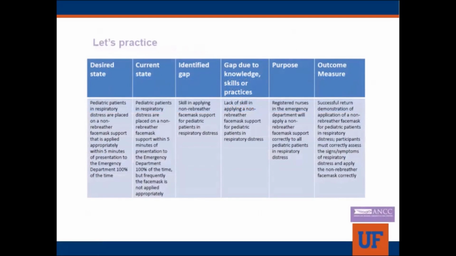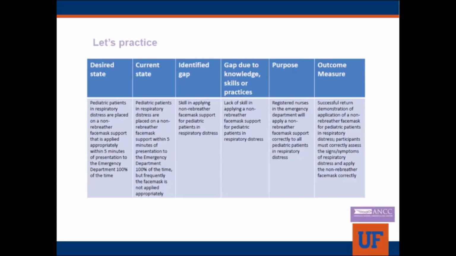For example, if we have a pediatric patient in respiratory distress who's placed on non-rebreather face mask support that's applied appropriately within 5 minutes of presentation, and that this occurs reliably 100% of the time, this is the desired state.